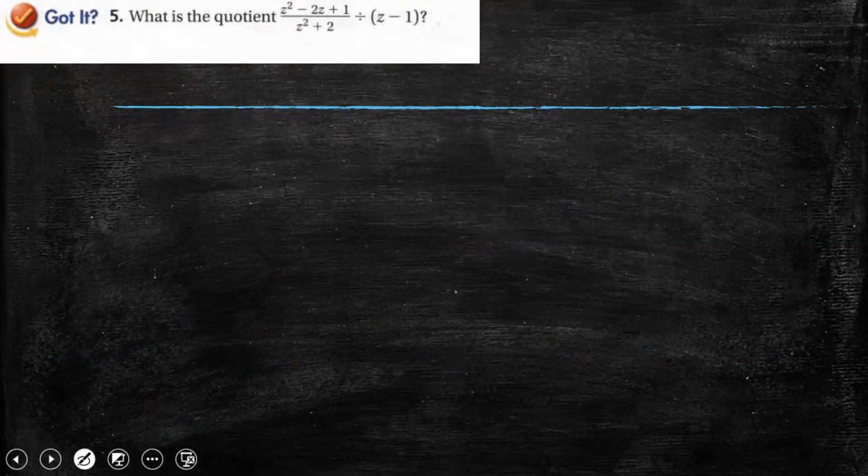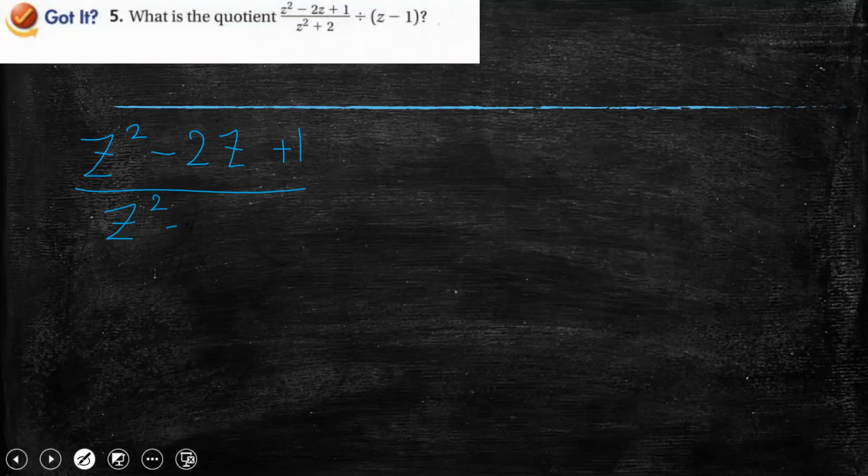Now let's do this one. z squared minus 2z plus 1 over z squared plus 2, divided by z minus 1. What is the reciprocal of z minus 1? 1 over z minus 1.